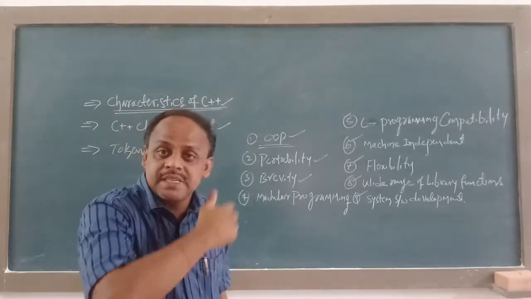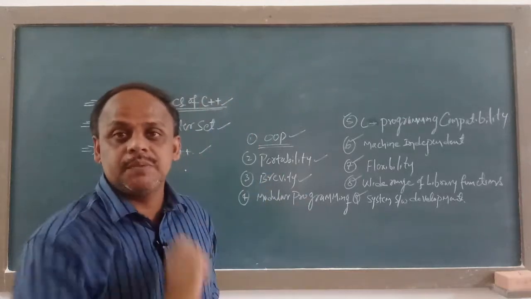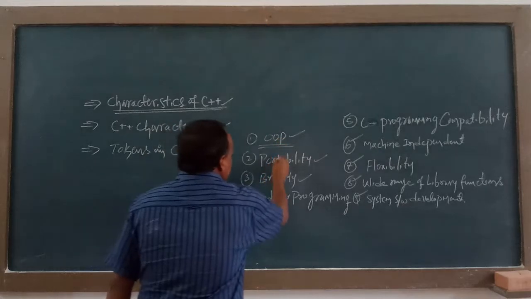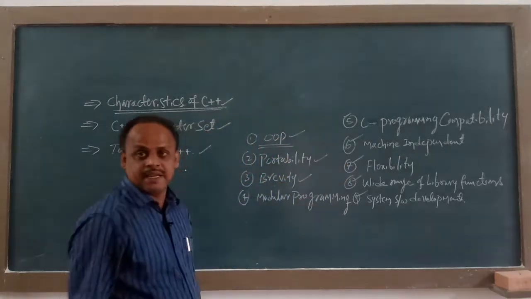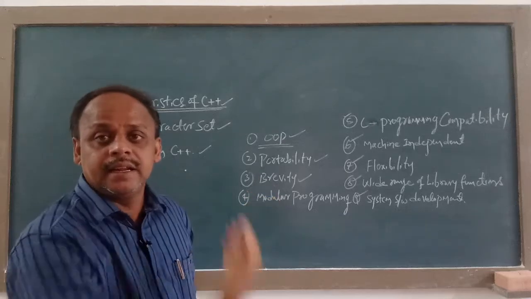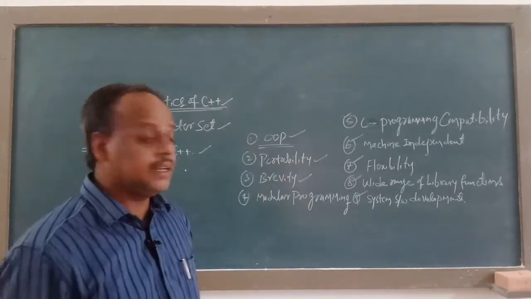Actually after the complete discussion on this C++ language we are going to understand all these words' meaning. Let it be, we will discuss afterwards what is meant by object, class, everything.